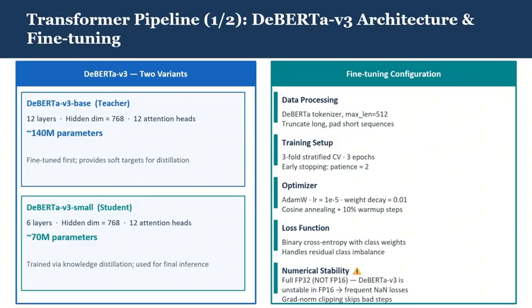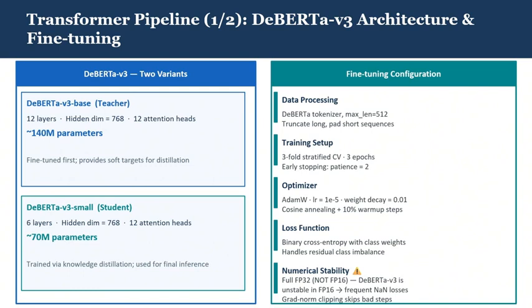We use DeBERTa v3, which improves on BERT with disentangled attention, separate matrices for content-to-content and content-to-position relationships. We work with 2 variants: the base model with 140M parameters as the teacher, and the small model with 70M as the student for distillation.